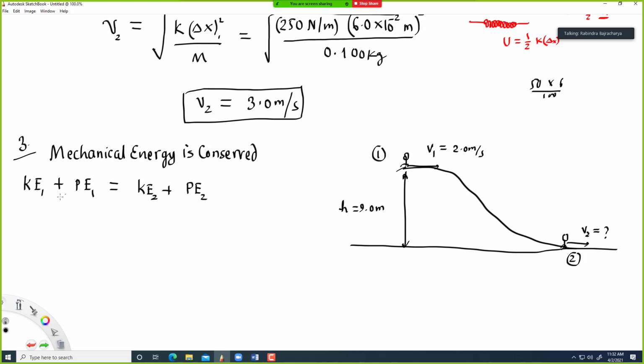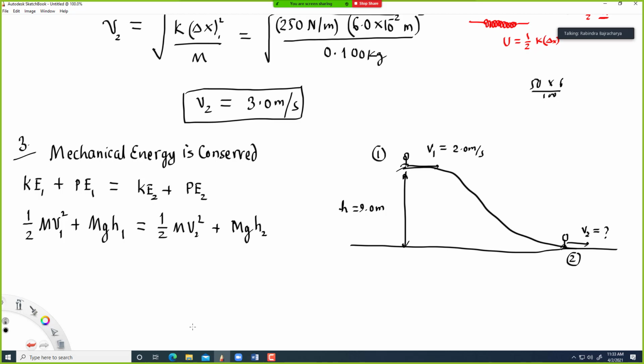Kinetic energy is 1/2 mass times speed squared, and the speed is at 1, so let's write that as v1, because I don't want to use the same letter for final and initial, so I need to differentiate final and initial. Potential energy is mass times g times height. Again, I want to differentiate the height, so let me write it as h1. Kinetic energy at 2 is 1/2 m v2 squared. Potential energy at 2 is m g h2.